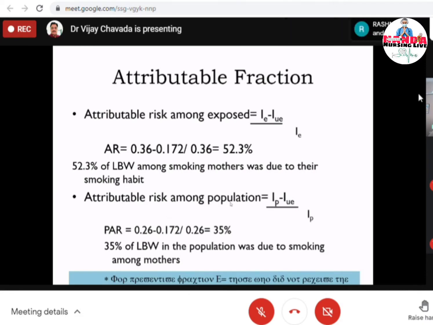Attributable risk among population, you need to have the incidence among population. So if you know the incidence, thereby you can calculate the population attributable risk. So here it is calculated as 35%. So if we stop smoking, how much proportion of low birth weight will be averted in population? So it is 35% here.